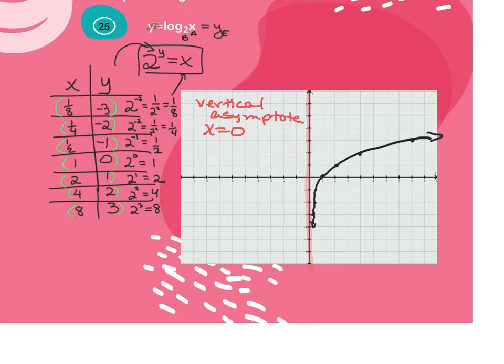Now, notice my domain. We also need to identify the domain. The domain is going to be from 0, starting here at the asymptote, to infinity. So my domain is all the x values, and there's nothing negative, so it's from 0 to infinity.